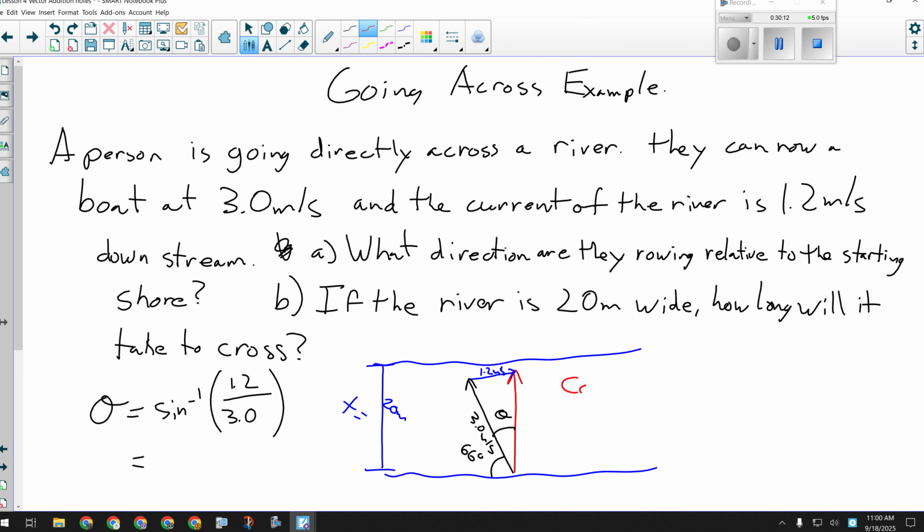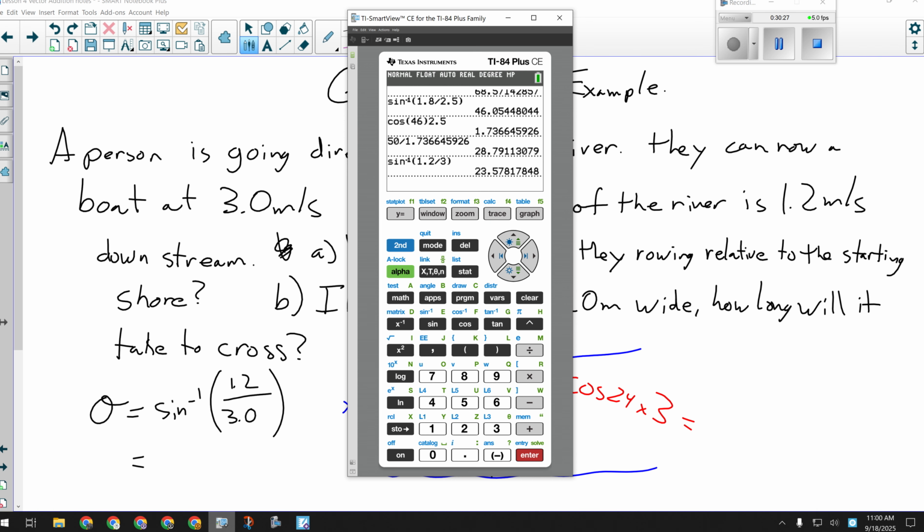So I'm going to go cos of 24 degrees times 3, the hypotenuse, and that'll give me that side. I'm going to keep that angle right there that I had. So cos of that number, times 3.